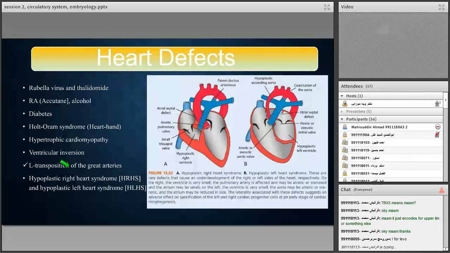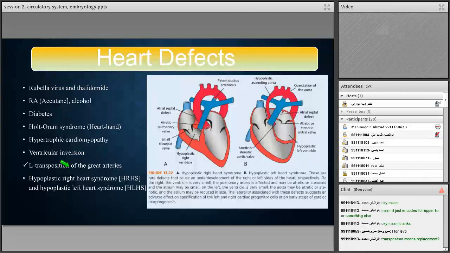They have these problems. The arteries are placed in their normal position, but they are exiting from reversed ventricles. The ventricles are reversed.